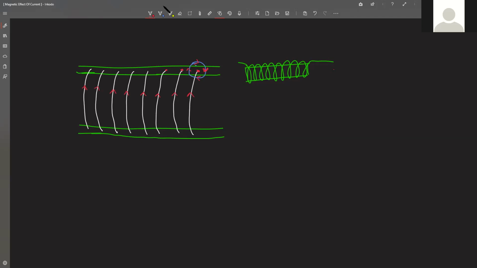Now, let us consider its neighbor, which is this point. Here also there will be a magnetic field like this, and even there the direction will be like this, right? So direction is like this.